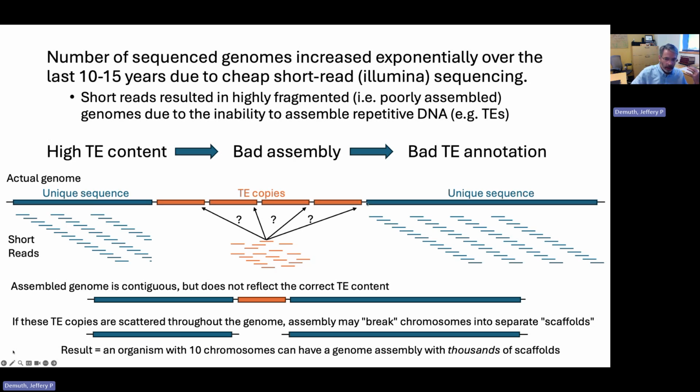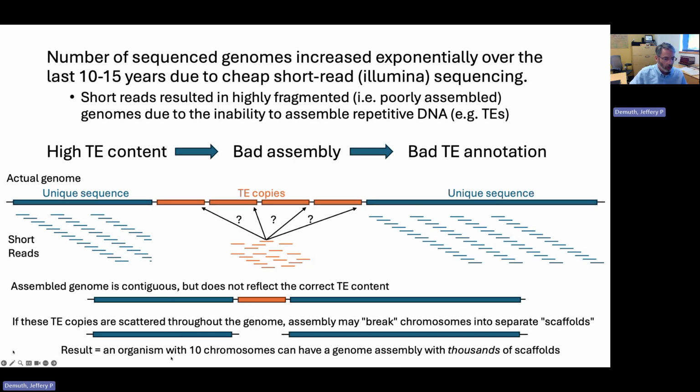But if it's scattered around the genome, you have lots of different positional information. And so it just doesn't stick these 2 things together. It leaves them broken into different, we call them scaffolds. So the result then is you get these genome assemblies.